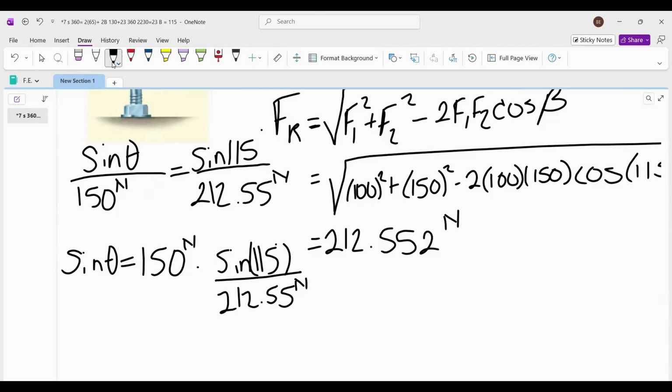Again, we're going to input this into our calculator, and you want to make sure that your calculator is in degrees and not in radians.